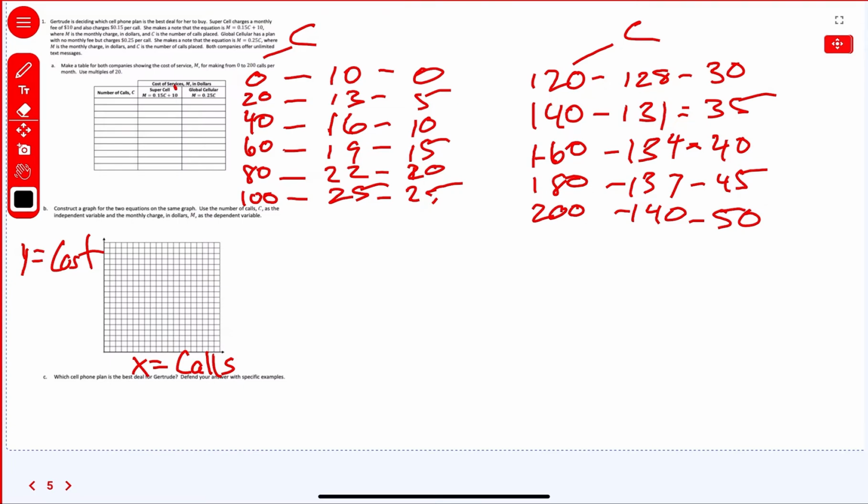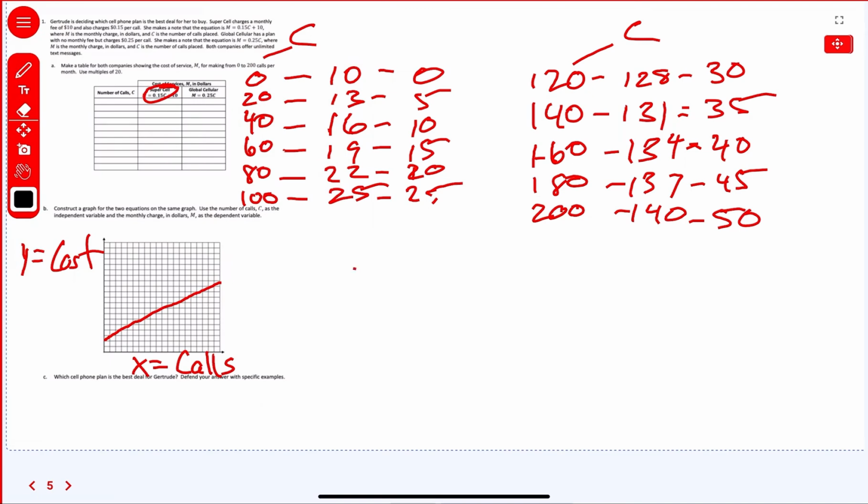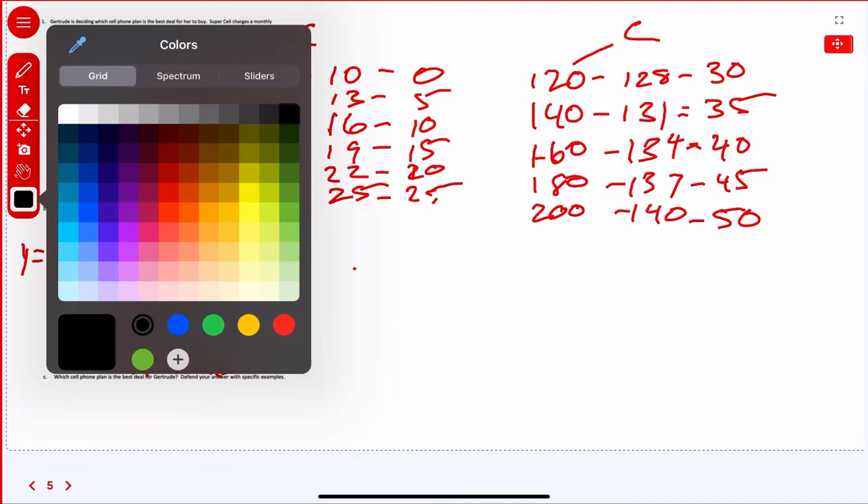Now, what I said I was going to do, let's do supercell in red. And supercell is going to look something like this. It starts at 10. So it's going to look something like that. And if I do, let's do black. Black will work. If I do global, we're going to start at 0.